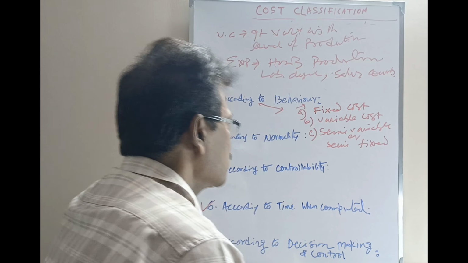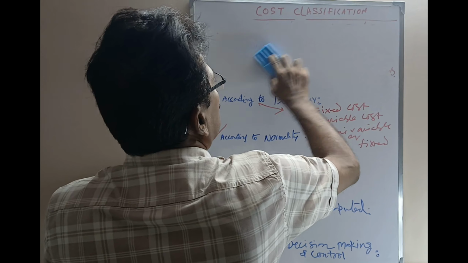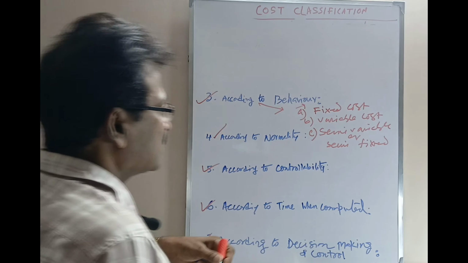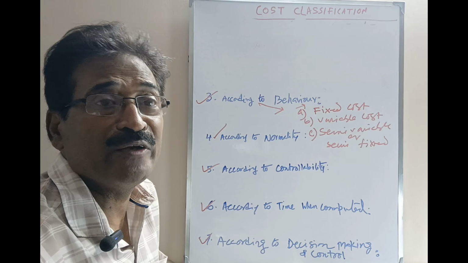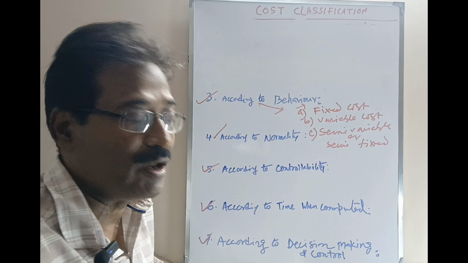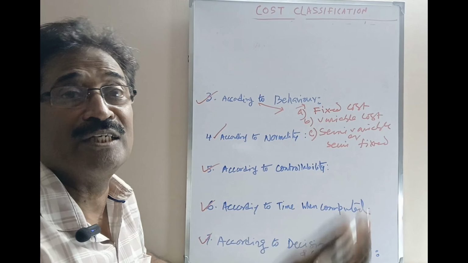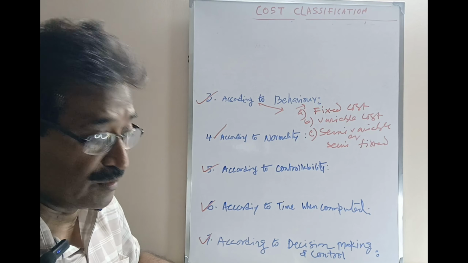This is variable cost. Now we come to semi-variable cost. Semi-variable costs are those costs which remain fixed up to a certain level of activity, thereafter they increase. This is called semi-fixed, semi-variable.